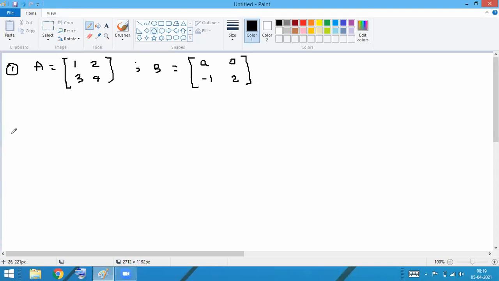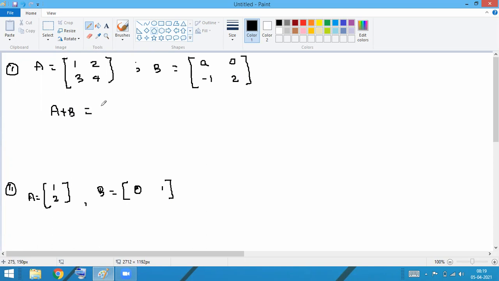Now the second example: A matrix is 1 2 and B matrix is suppose 0 and 1. Now here find A plus B.